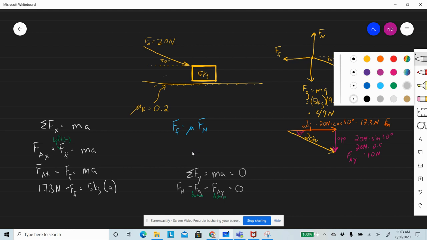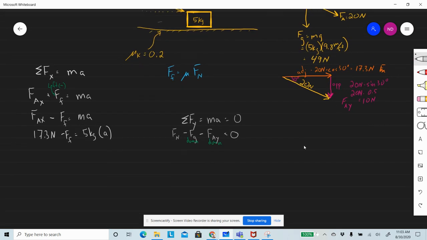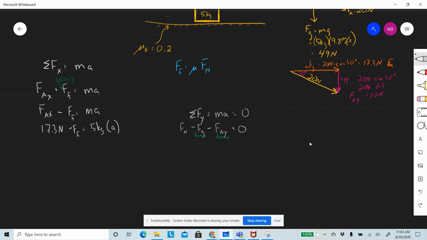We don't know what the normal force is yet, but the force of gravity we know was 49 newtons. The applied force in the y direction we figured out was 10 newtons.